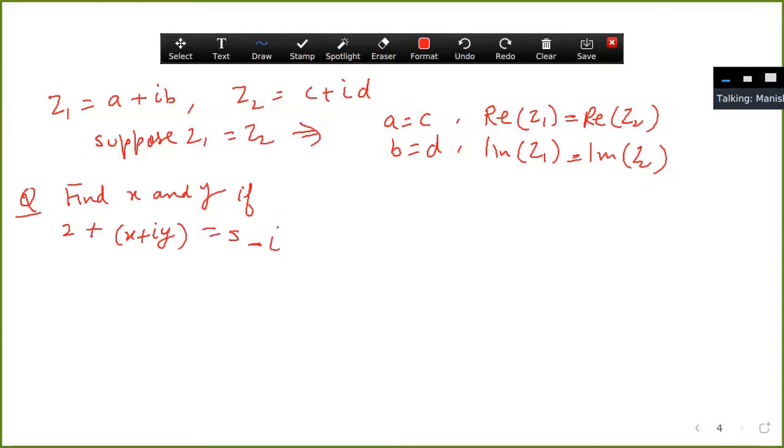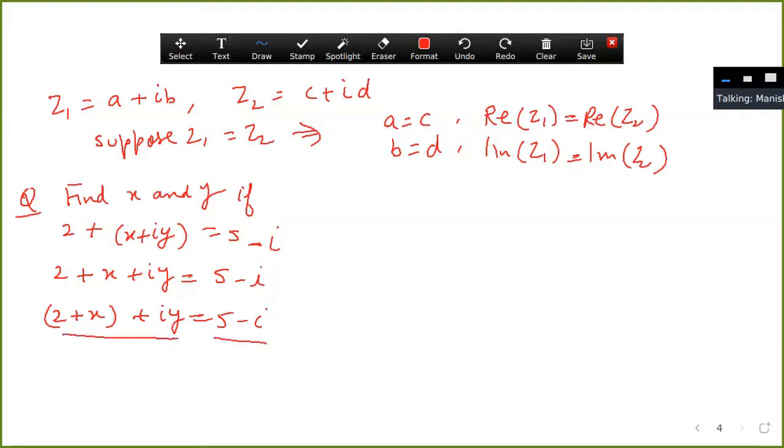So now you can write it like this: 2 plus x plus iota y equals 5 minus iota. Now you can collect the real part terms. The iota parts are the imaginary part, and the part without iota is the real part. So 2 plus x in one bracket, and this is iota y, equal to 5 minus iota. Now you can compare the left and right sides.